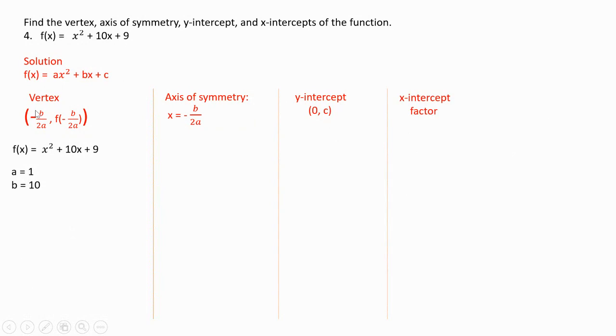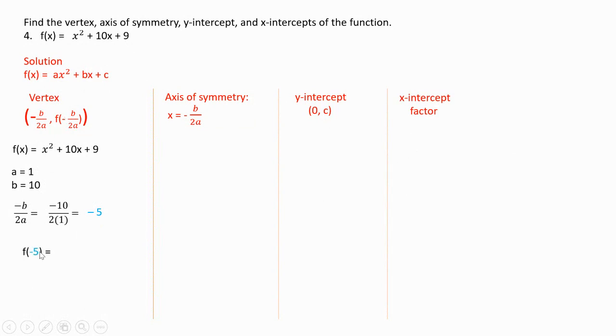Now, let's find the vertex. We need a and b. We know that a is 1 and b is 10. So negative b over 2a is equal to negative 10 over 2, because the negative is there and my b is positive. I should have put a parenthesis here, but that's okay. And my a is 1. So here, guys, my x part of the vertex is negative 5.